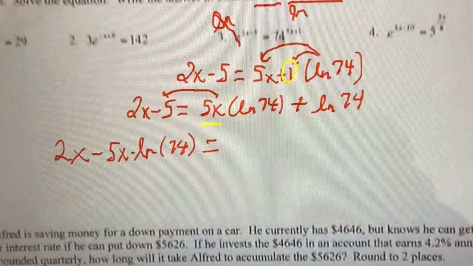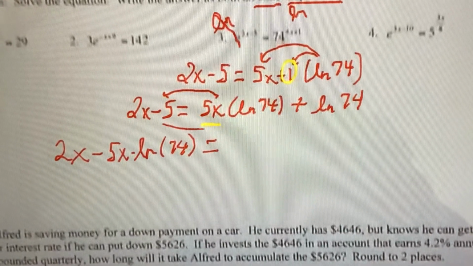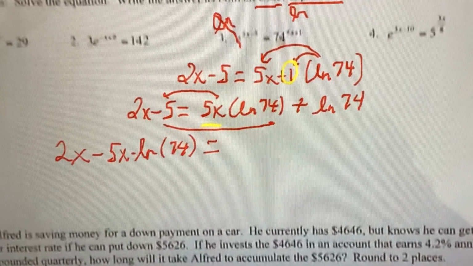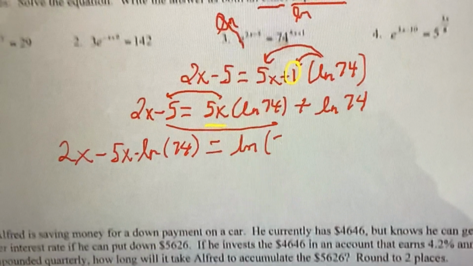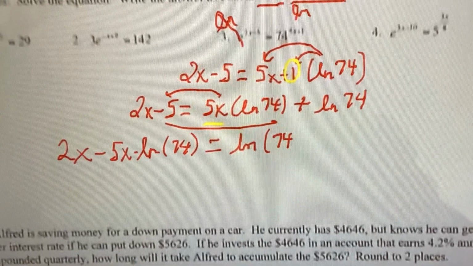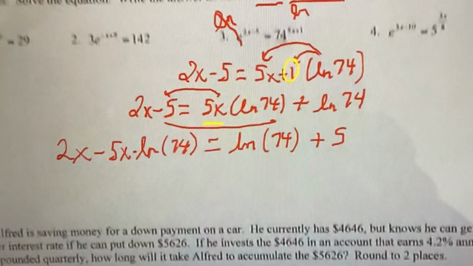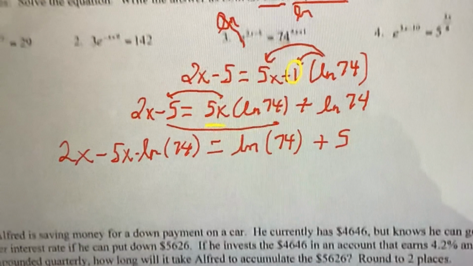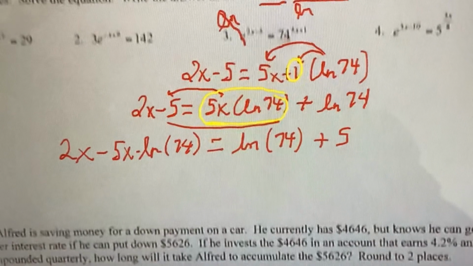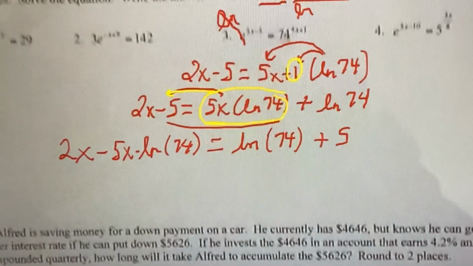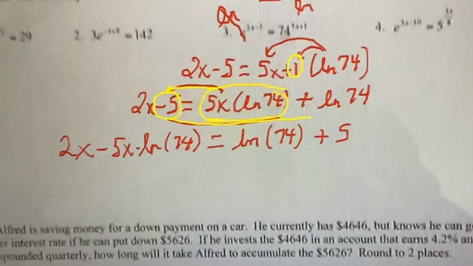Now this negative 5 on the left-hand side, I'm actually going to take it over here. So what's left on the right-hand side? Well, natural log. And now I'm going to embed the parenthesis around the 74. Plus 5. So I took, in other words, this term here over to the right, and I took this term here over to the left, and then this term here over to the right.